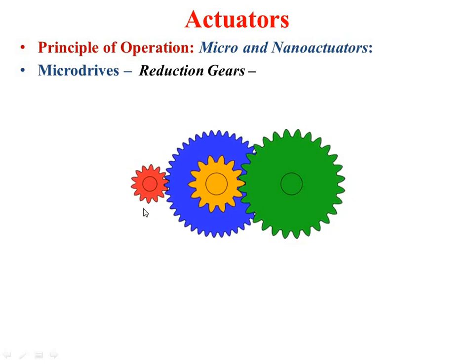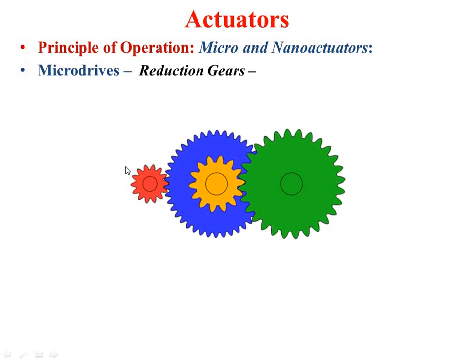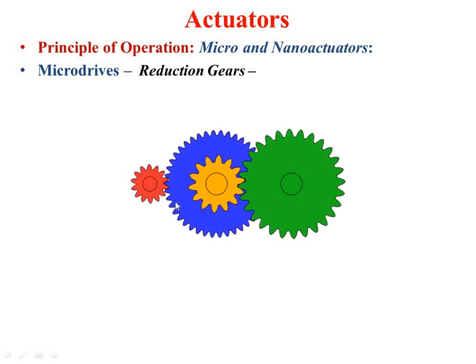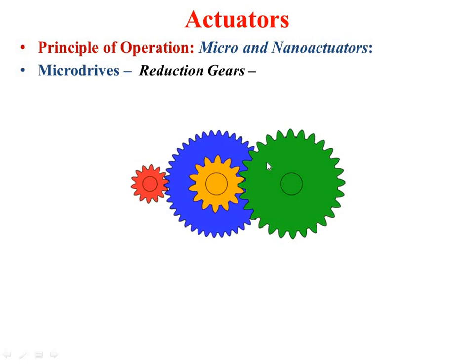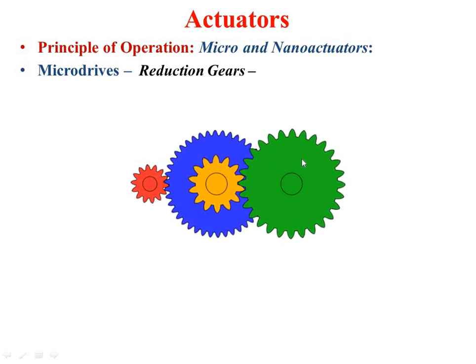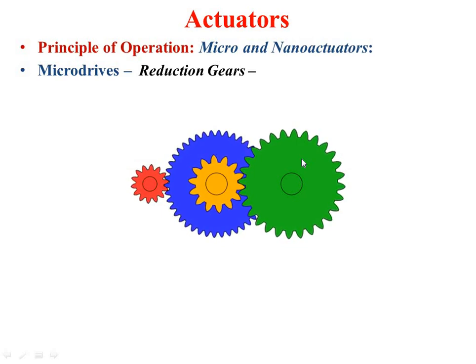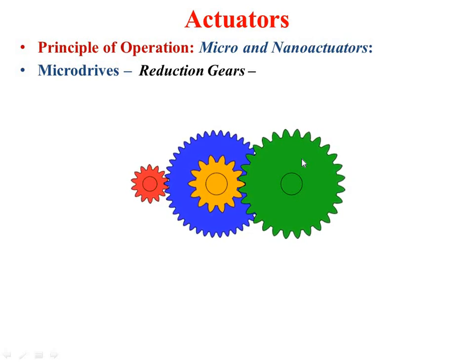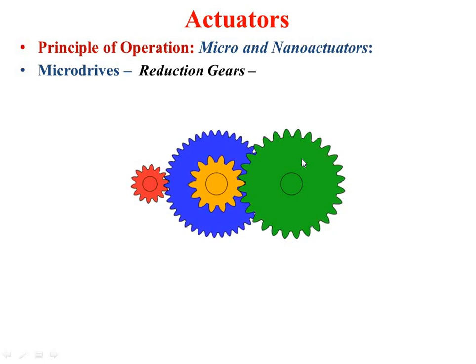You can come to know how many parts of red will move and how many parts of green will move. Accordingly the speed gets reduced. So this is the reduced speed mechanism. You can reduce the speed of any kind with the help of gears also. These are also called micro drives.